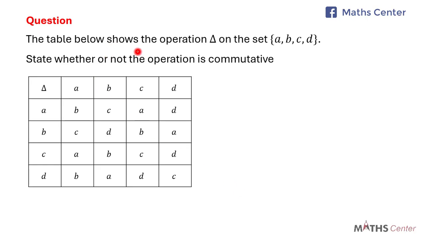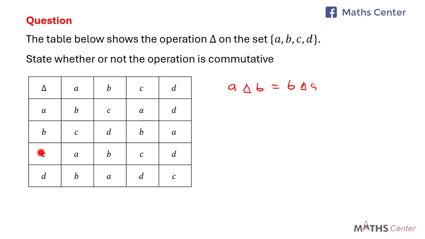The table below shows the operation delta on the set A, B, C, and D. State whether or not the operation is commutative. We have learned that if delta is commutative, then A delta B should be equal to B delta A. You can pick any two variables, it's going to work.